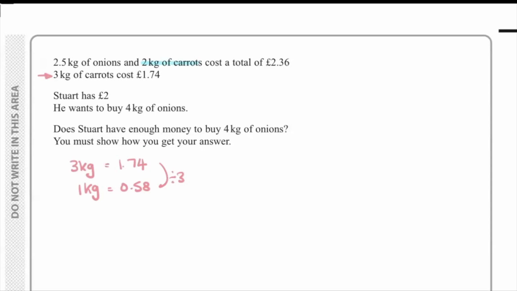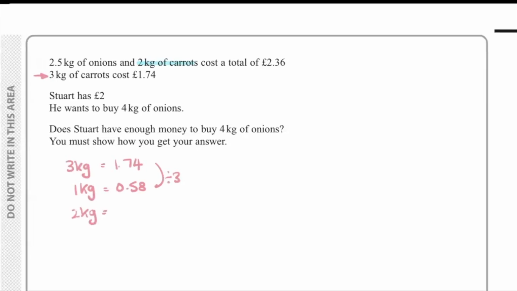So we're going to find 2 kilograms by multiplying through by 2, and we've got £1.16 for our 2 kilograms. So the total of the onions and the carrots together is £2.36. We're going to take off what we now know the carrots to have cost, and that's going to be giving us £1.20 for the onions.